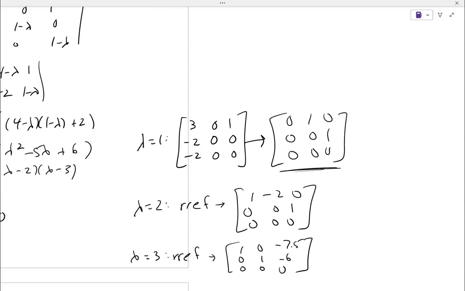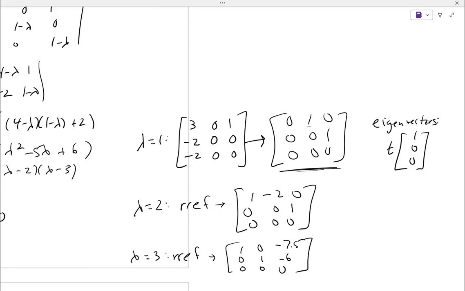So the first one can be anything, but what does x2 and x3 have to be? x2 is 0. x3 is 0, right? So your solutions here is anything. So I'll use a t to represent that, times 1, 0, 0 works, right?